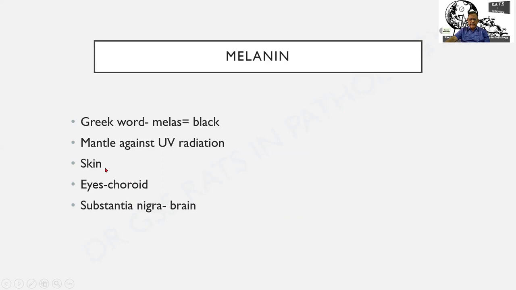Normally, it is found in the skin. In the eyes, it can be in the choroid. It can be in the substantia nigra of the brain or also the leptomeninges. These are all normal areas where we can get a melanin pigment.